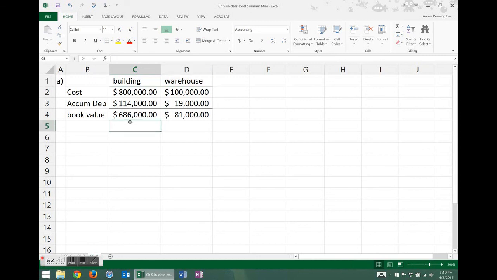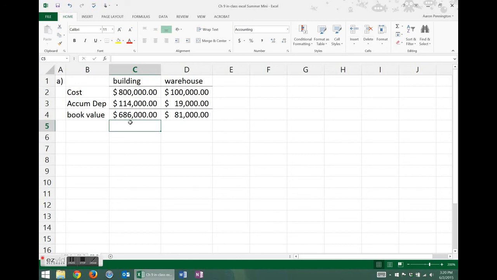Alright, so that's always going to be your first step when you have a change in either residual or salvage value or remaining useful life. So in this schedule, we see that the new proposed useful life is an extension of 10 years on the building and a reduction of 5 years on the warehouse.